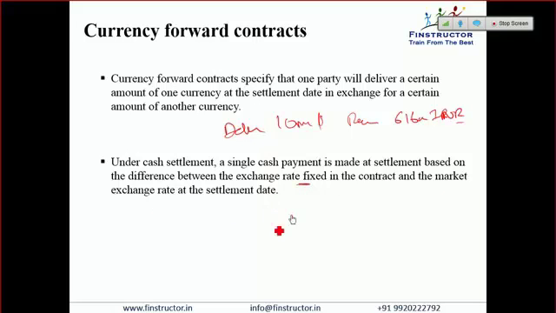So in our previous example, RVSP would have paid $10 million to the counterparty. Otherwise, if the dollar had gone down to 60 INR, then RVSP would have received $16 million from the counterparty. In our case, we would have to pay another $10 million.